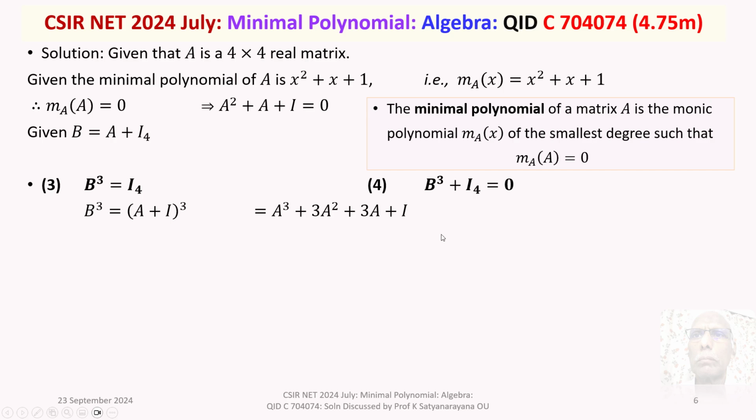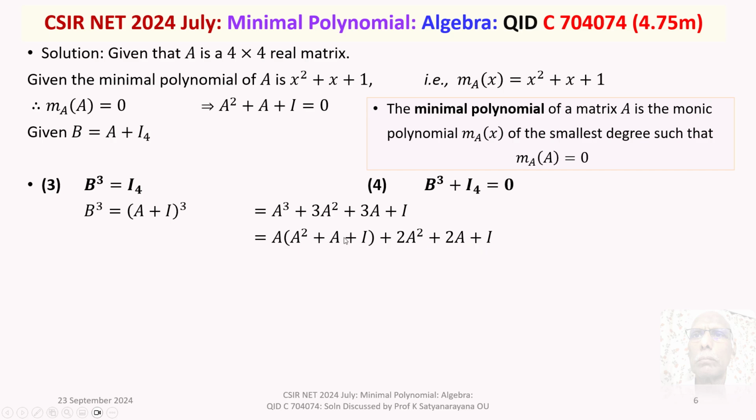Now use the fact that A square plus A plus I is equal to 0. So we take A common, write in brackets A square plus A plus I, and adjust the terms. The remaining terms will be 2A square plus 2A plus I.